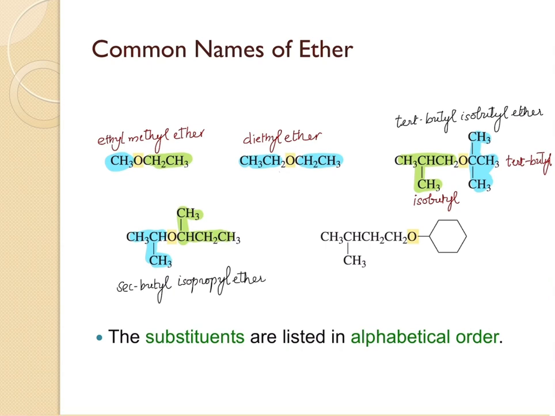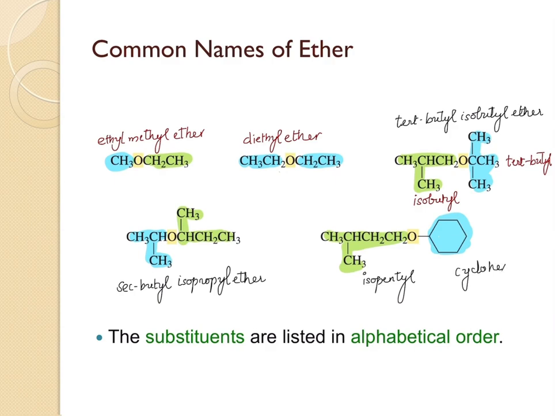Now let's go on to the next one. Okay, again, this is another example of an unsymmetrical ether where you can see that this is one of your substituents, and the other substituent is this group right here, and this is an isopentyl group, and this is a cyclohexyl group.